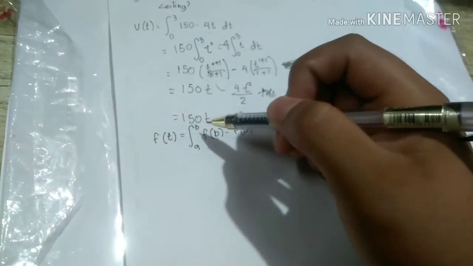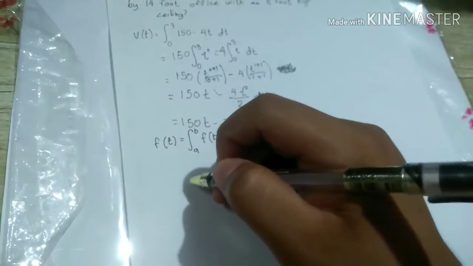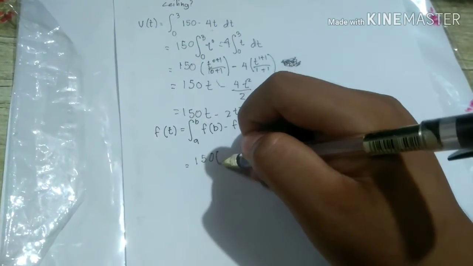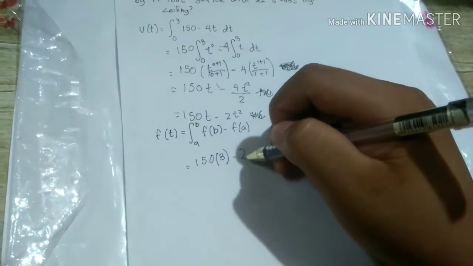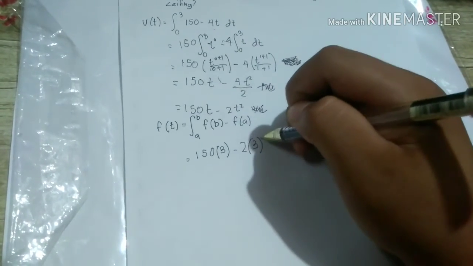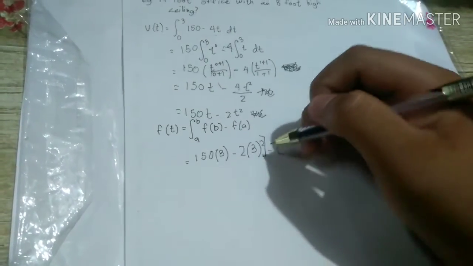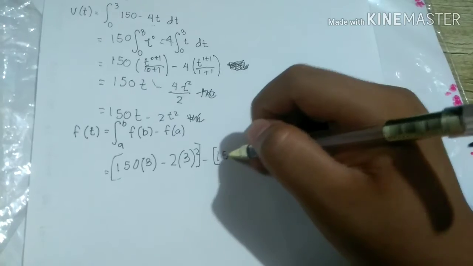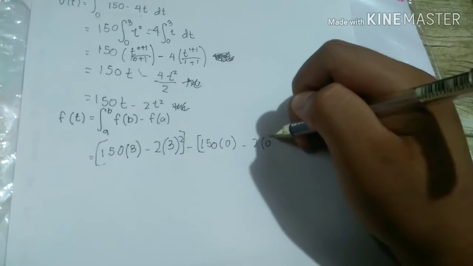So we need to substitute the values of b and a for t. So here it is: 150 times 3 minus 2 times 3 raised to 2, minus, just put parentheses, 150 times 0 minus 2 times 0 squared.